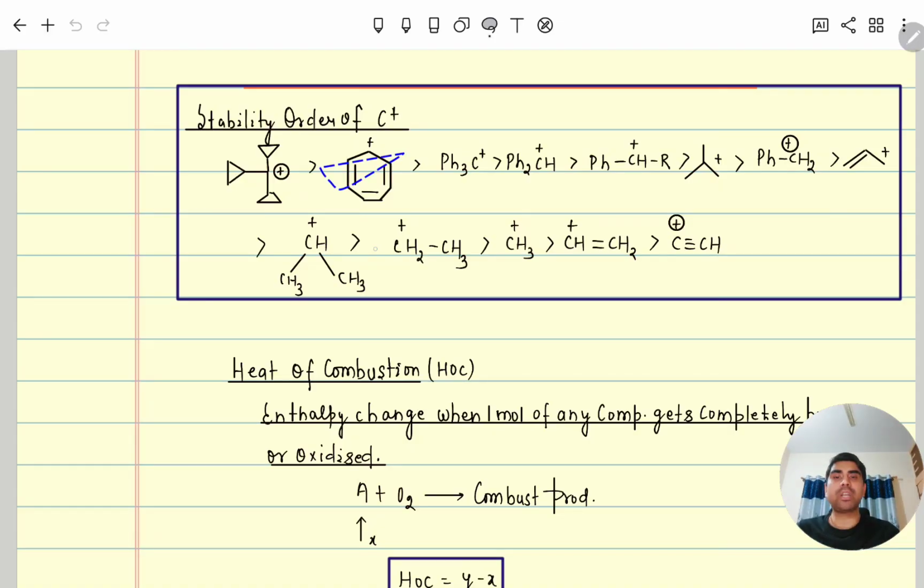Then quasi aromatic, then 3 degree, then Ph3C positive, this is benzene, so phenyl, then Ph2CHR, which I discussed in class, then 3 degree, then PhCH2, then this allylic system, then 2 degree, then 1 degree and primary, then double bond, and at last triple bond. Clear? So this order also you remember for stability of carbocation.